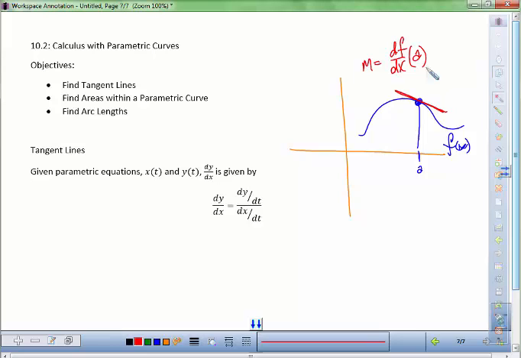And now that you have the slope, you just put it in the point slope form, or if you remember your Taylor series, it's the linear form for the Taylor series. f of a plus f prime of a times x minus a. So the actual equation of the tangent line, if you were to look at this in point slope form, we have a comma f of a. That's the point, and we know the slope.